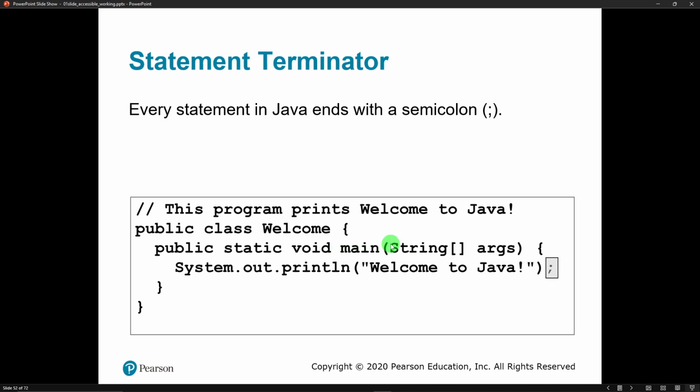It says main. After the word main, we have a set of parentheses. Anytime you see parentheses following a word, you're talking about a method. It means a set of code that does some instructions, basically. Inside the parentheses, there are some things called arguments or parameters. We can accept arguments into our parameters.